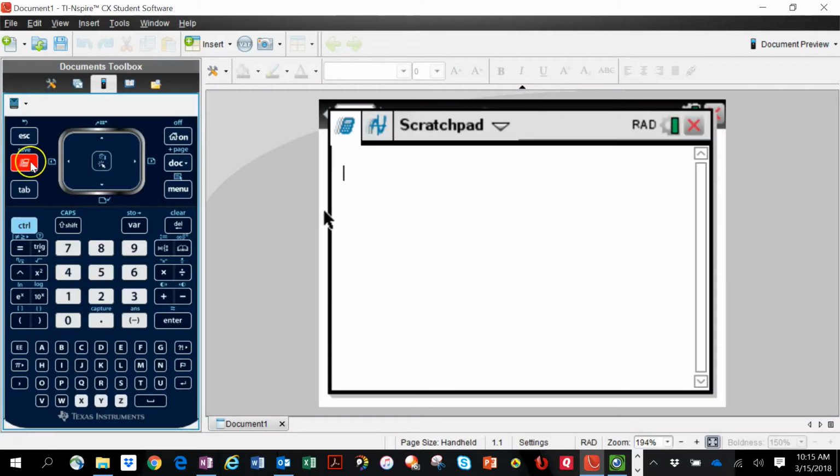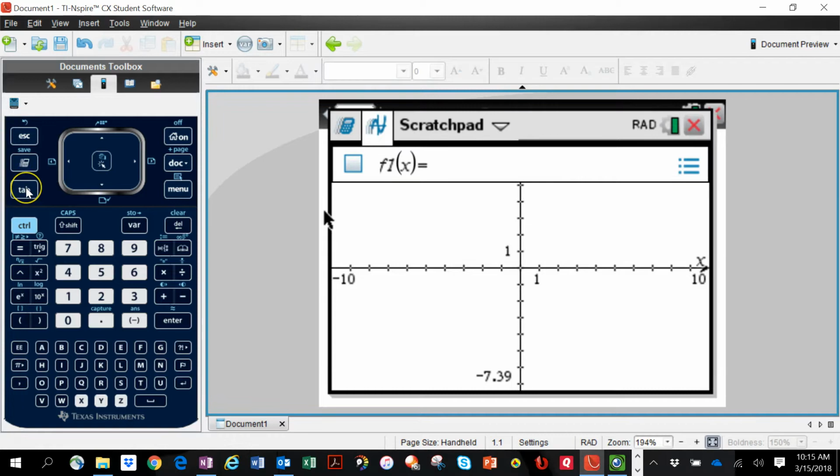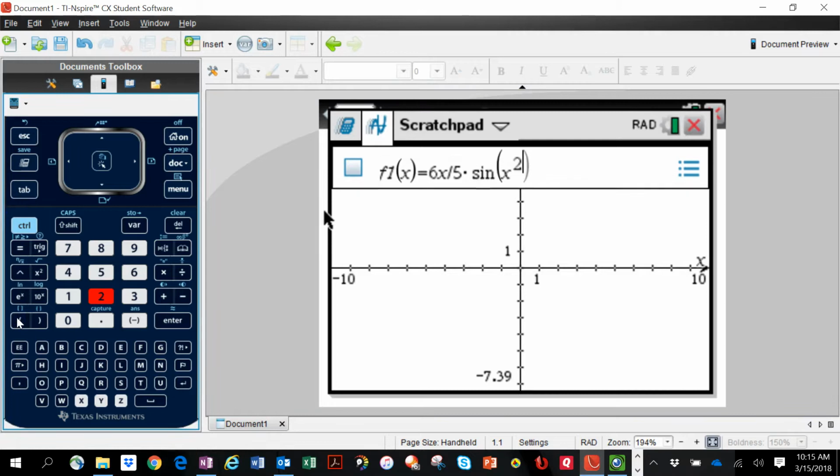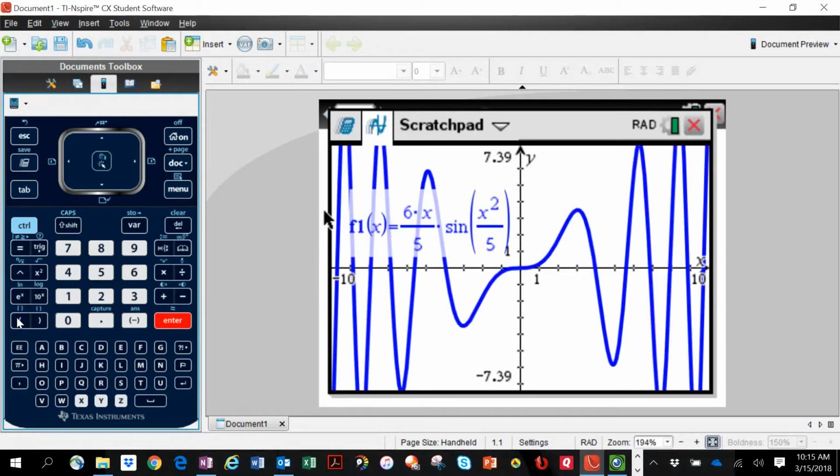And we are going to go into graph mode, and we're going to graph our acceleration function. Now, the acceleration function is given to us in terms of t, but our calculator won't do that. So we're going to do 6x divided by 5 times the sine of parentheses x squared divided by 5.